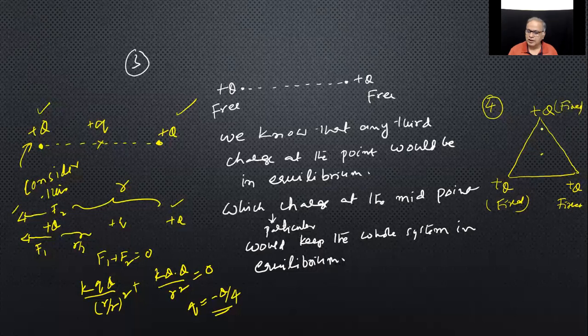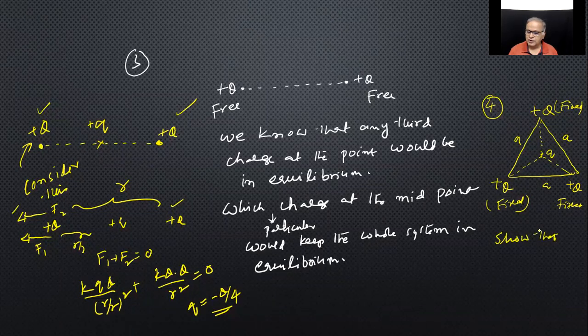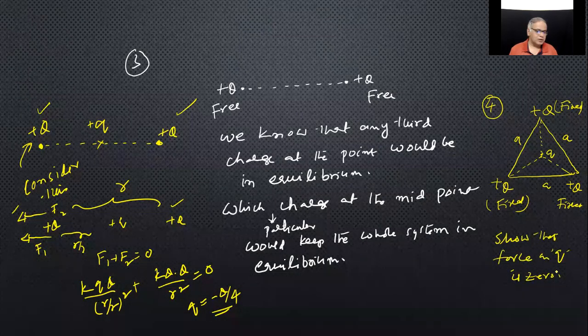At the center of the triangle, you can put side length a if you want. Any charge you put there in the middle, the force on that would be zero. So show that the force on Q is zero. That Q could be minus or plus. After showing that, we could talk more.